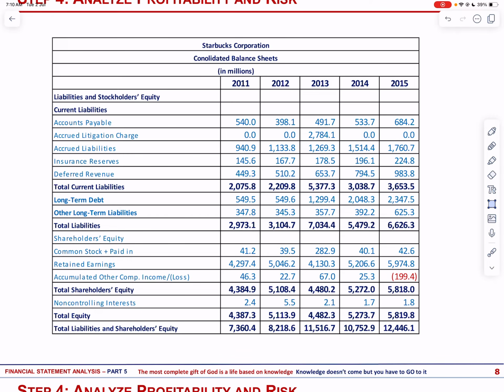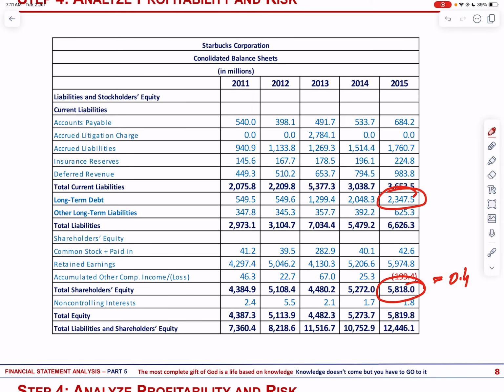The long term debts you can see over here is 2003, 2347.5 is the long term debt divided by the common shareholders equity, and the common shareholders equity is 5818. So this will give us a value of 0.4.